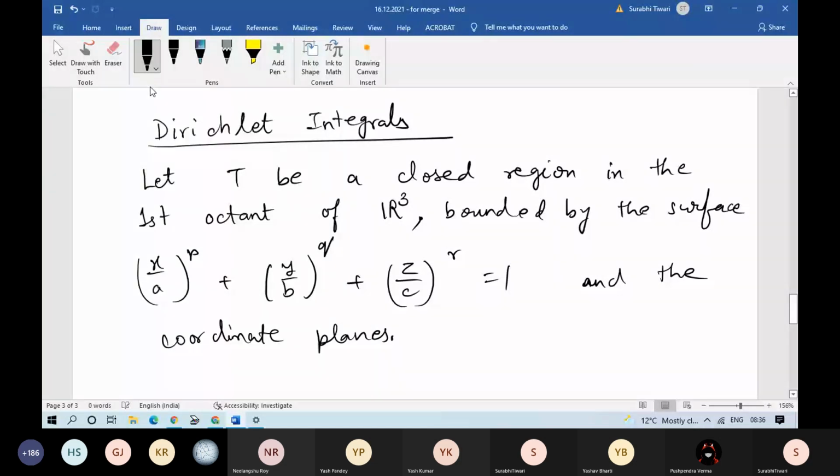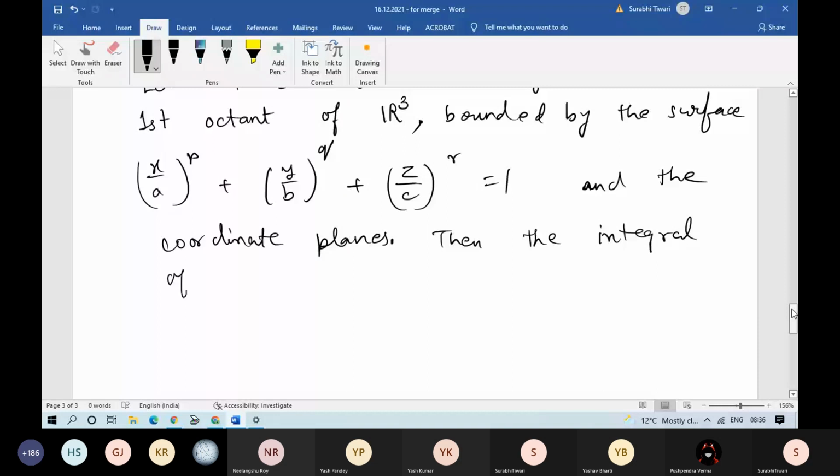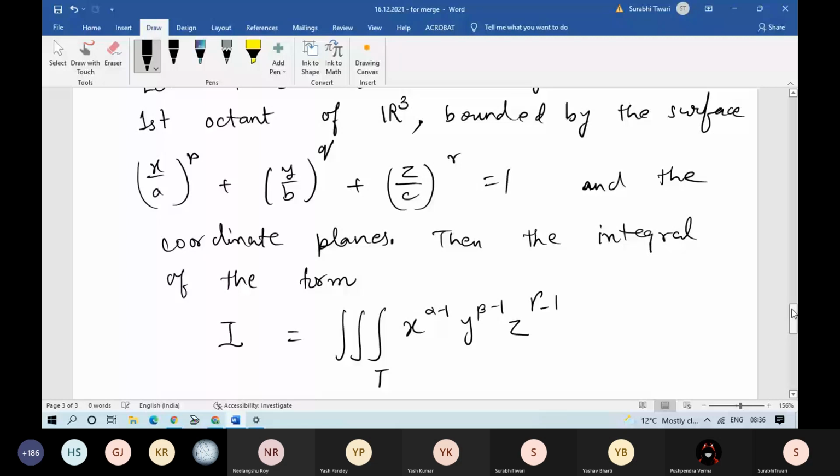Then the integral of the form, for the region T, x ki power alpha minus 1, y ki power beta minus 1, z ki power gamma minus 1, dx, dy, dz.